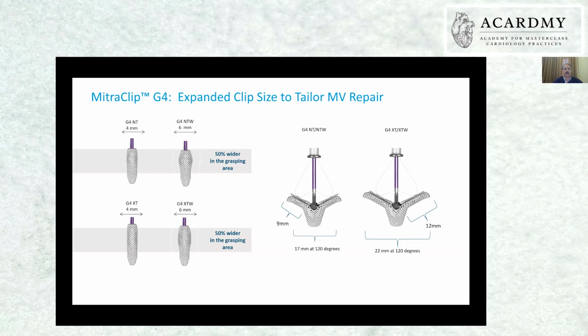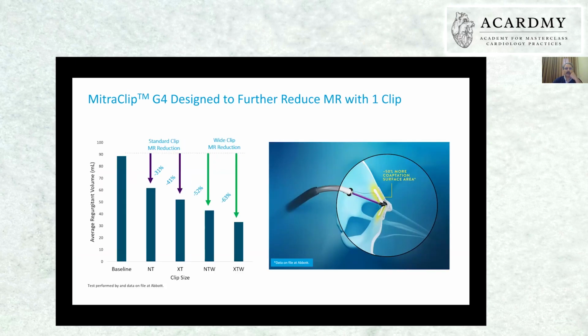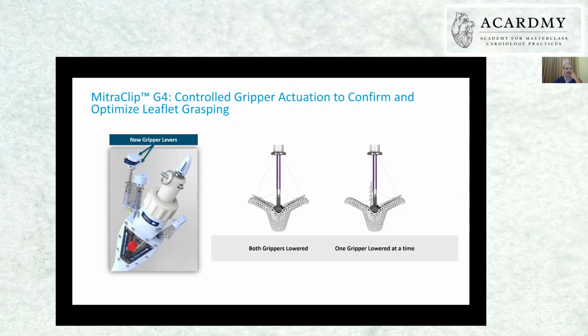NT is 4 millimeter wide and 9 millimeter in length, NTW is 6 millimeter by 9 millimeter, XT is 4 millimeter by 12 millimeter, and XTW is 6 by 12. So these are the available sizes, and this is how the whole console looks.